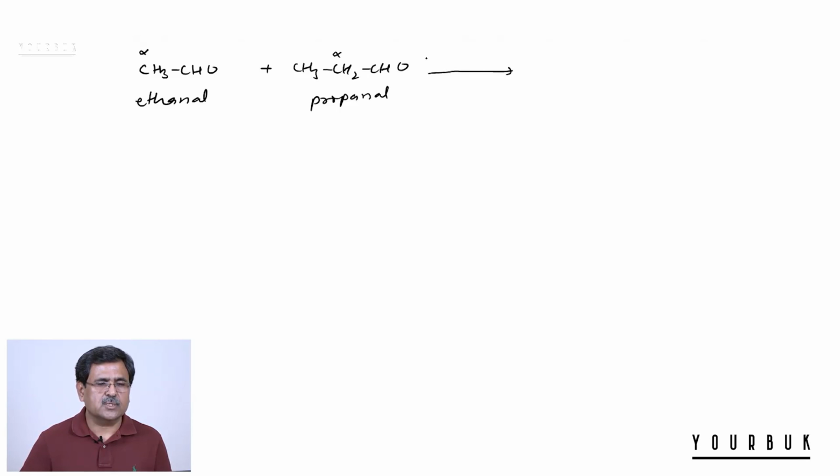Suppose we have two different aldehydes, each having an alpha H present, then a number of products are formed. For example, this ethanal and propanal. Now each one is having an alpha H present. So in this crossed aldol condensation, 4 products are formed. One is the self aldol condensation of ethanal.